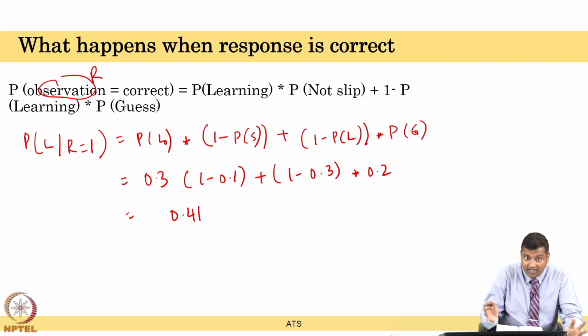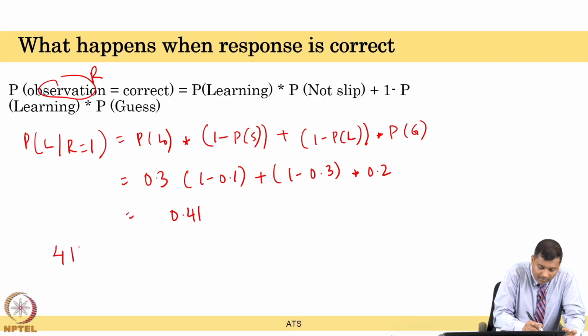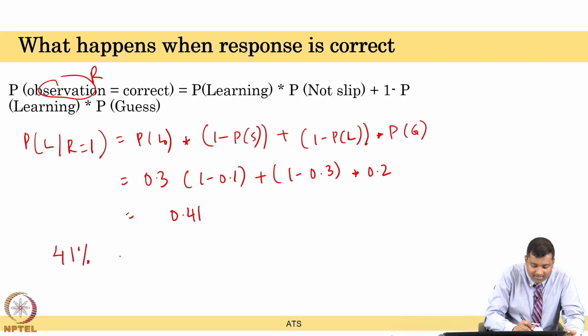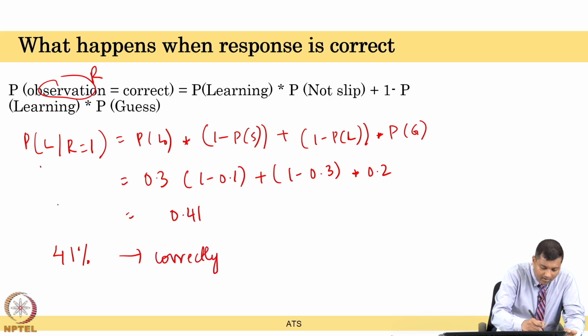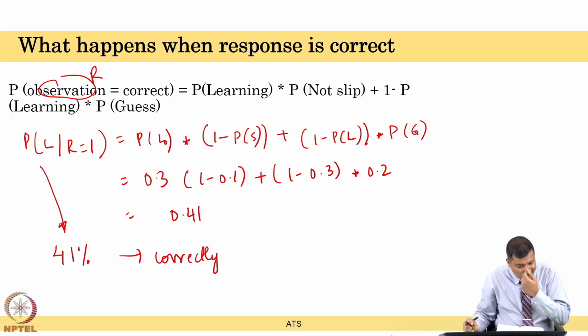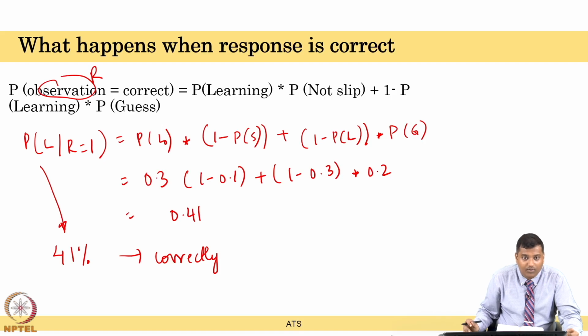So what does this essentially tell us? This essentially tells us that 41% is the chance of students answering correctly in this particular situation. Why is this important? This chance of answering correctly is important for the next step.